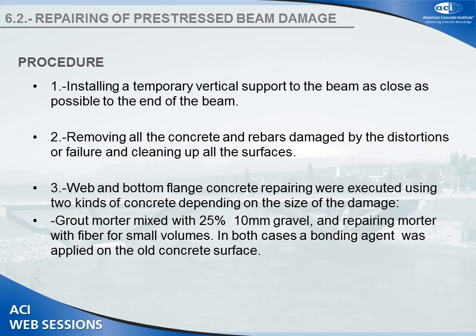Where the damage was small, we used some mortar with fibers, but when the damages were bigger, we mixed the same mortar with some kind of gravel. And in both cases, the bonding agent was applied on the old concrete surface before pouring the new one.